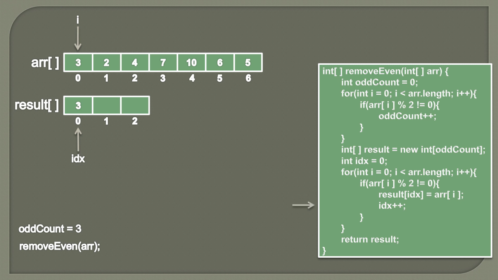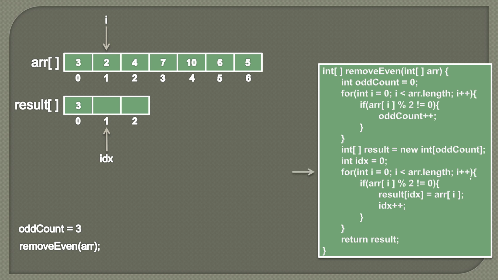Now after we have assigned one value to this index, we will increment the index because we need to fill the next value. So index becomes 1. We will increment I. 2 divided by 2 will give remainder as 0. Therefore this condition comes out to be false and we skip this element.